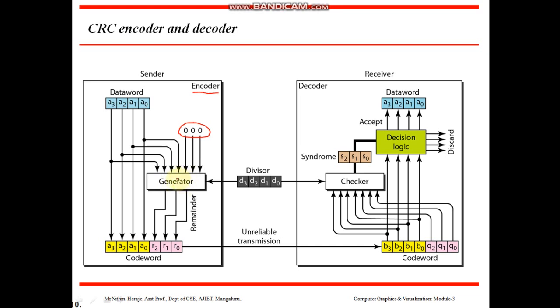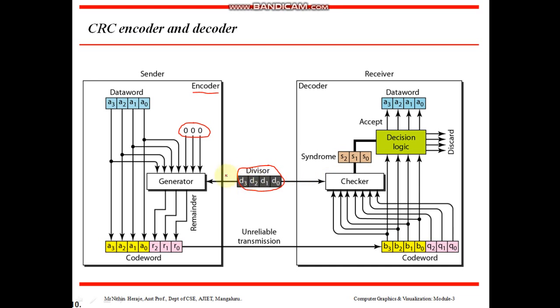The generator is nothing but which will generate a remainder, and you will be taking a divisor. Okay, that is a 4-bit divisor here, which is common to both the encoder and the decoder.